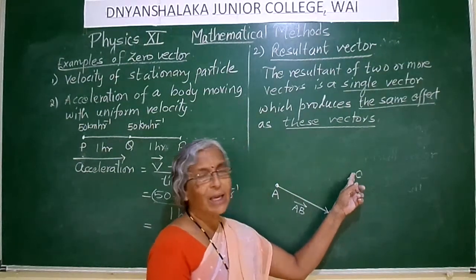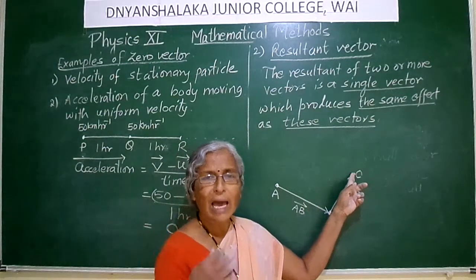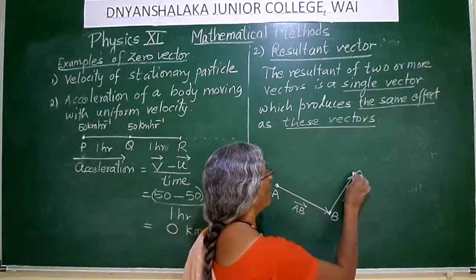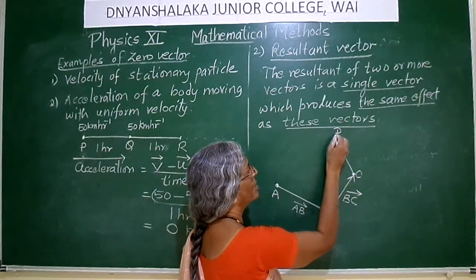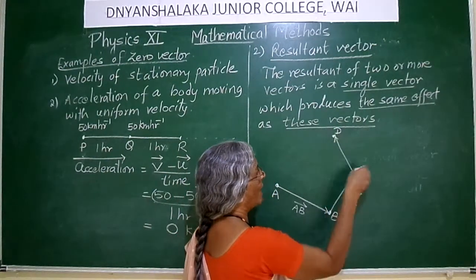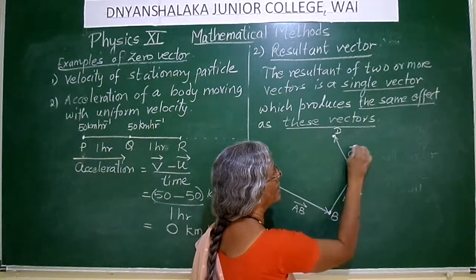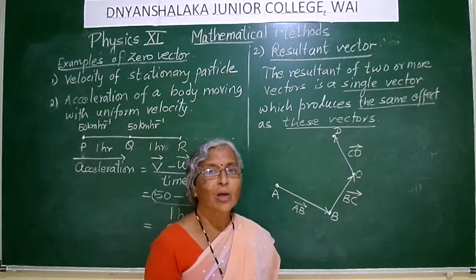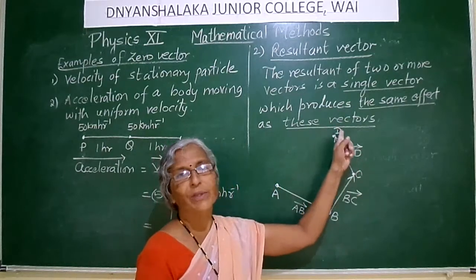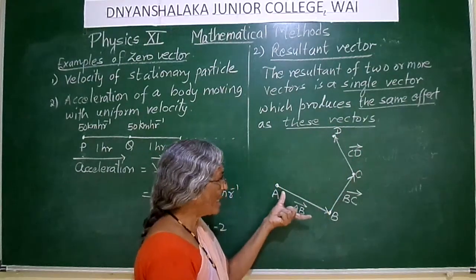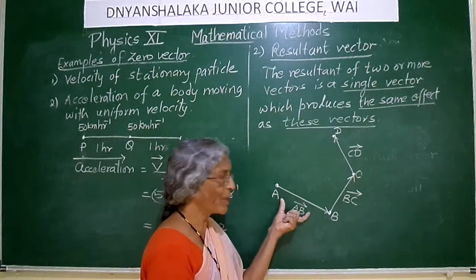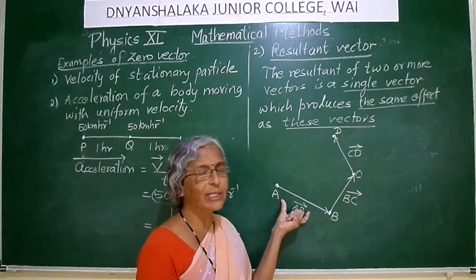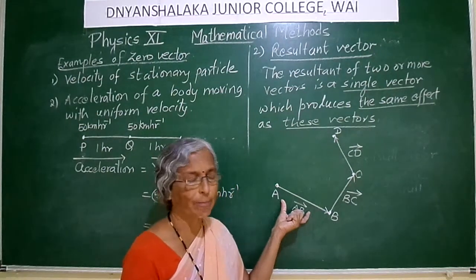C पे आके ये particle डायरेक्शन बदल देता है और ये डायरेक्शन में चला जाता है. Let us take this as point D. Okay, and this as vector CD. This is the displacement of the particle. Firstly, it has taken this direction and moved from A to B. I am representing this displacement as vector AB.